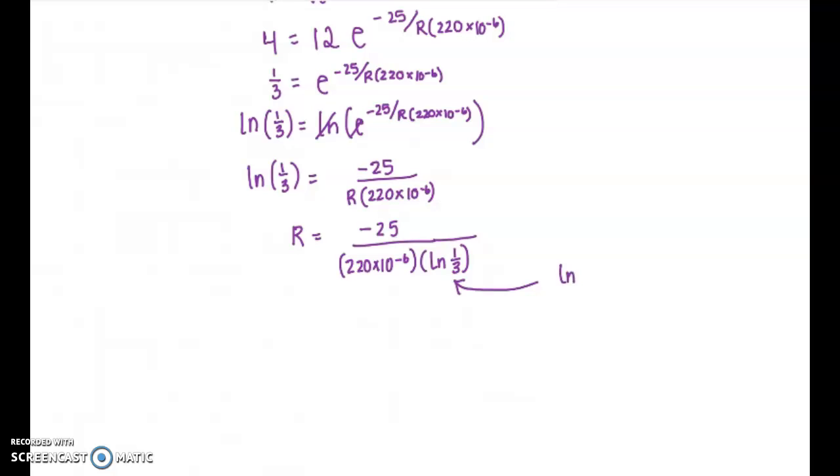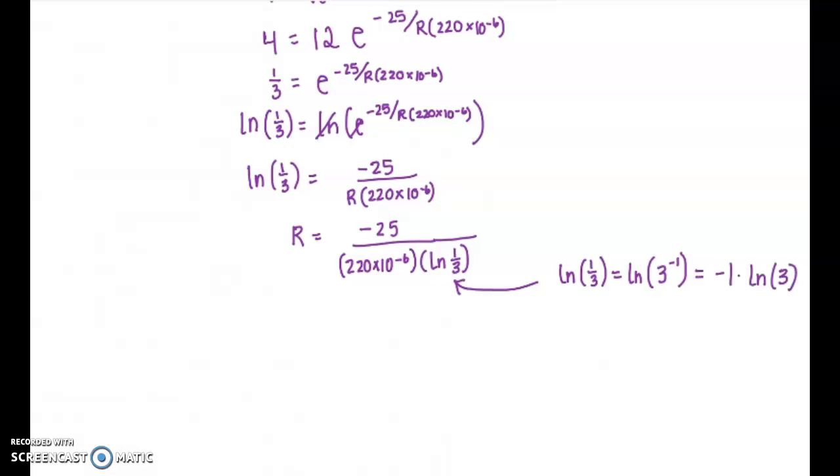The natural log of 1/3 could be written as the natural log of 3 to the negative 1st power, right? Negative 1st is just a way of expressing that fraction. And there's a rule in math that when you have the natural log of something to a power, you can actually bring that power out front.